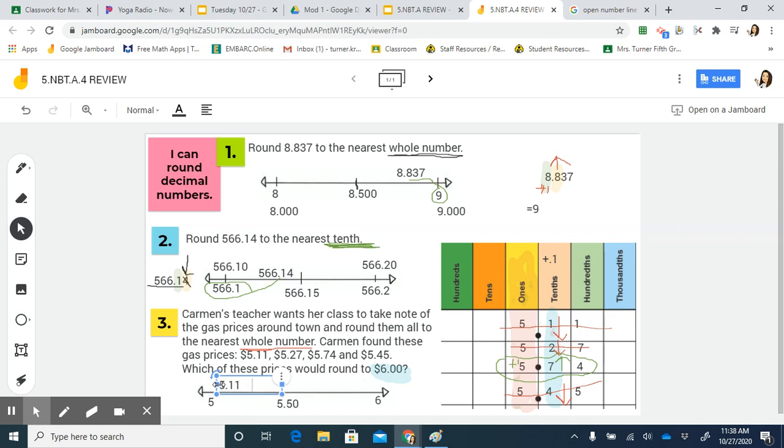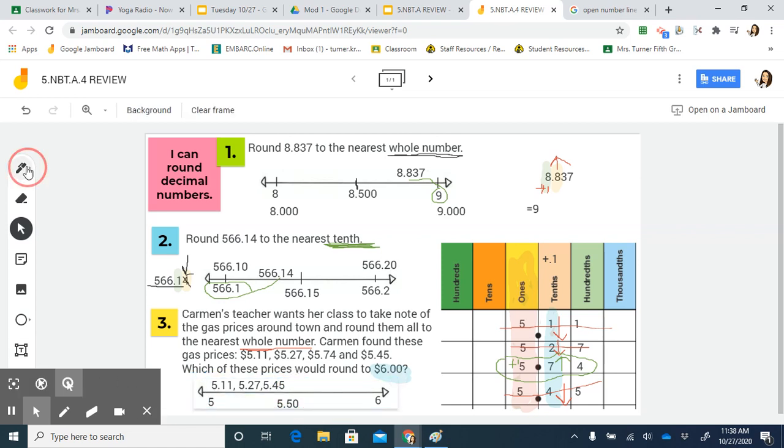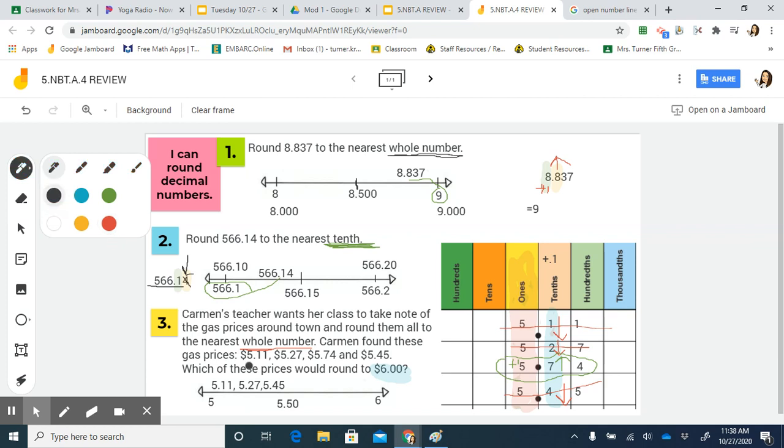Then $5.27, sorry. And then followed by $5.45, right? Those would all be below the midpoint, our $5.50 here. And the only one that would be above our midpoint of $5.50 would be $5.74.